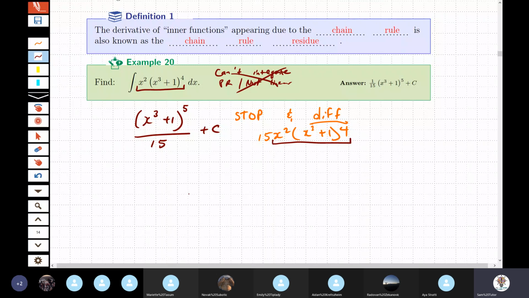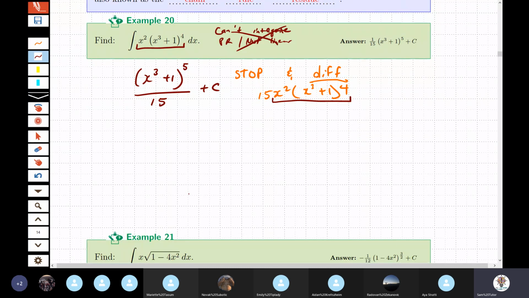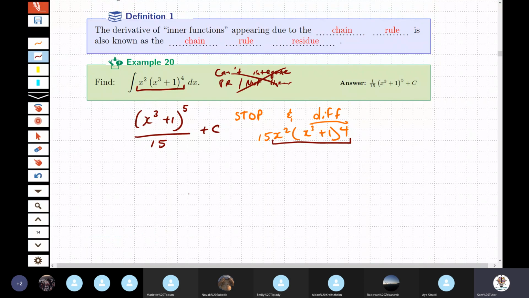That's super weird. I told you guys it came from 4 unit, so it's meant to be a little bit confusing at first, but we're going to do a fair few and hopefully we can wrap our head around this. The trick is we at least know the bracket's the same. We know we're going to increase the power. You do that, you stop, you differentiate, you look at what your derivative is. If it's not exactly the answer, that means this answer is not correct, so you've got to do a little bit more.